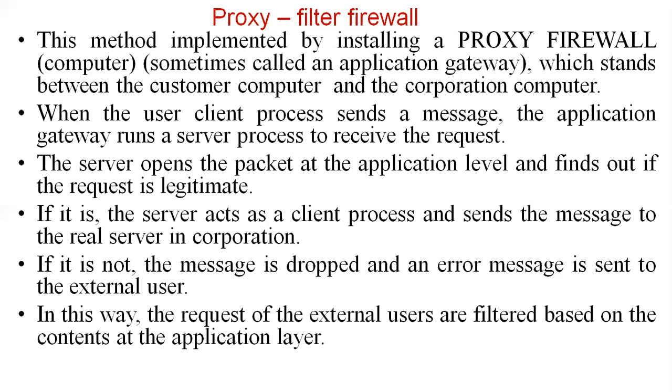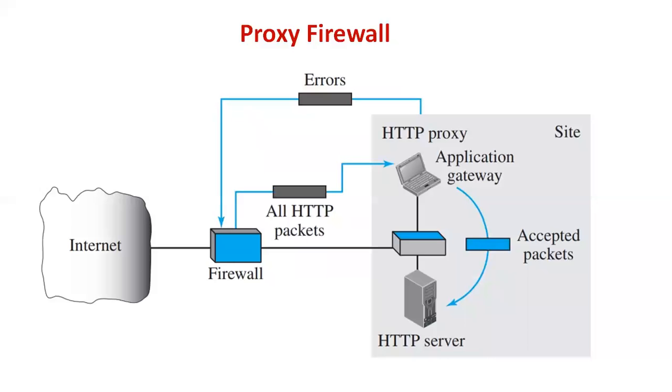These are the techniques used in the proxy filter firewall. The proxy filter firewall diagram is shown here. If a request is sent by the user from the client, it goes to the proxy filter firewall.